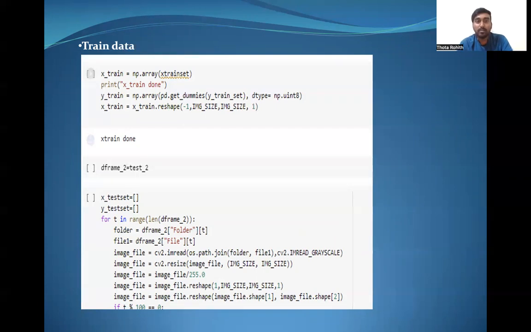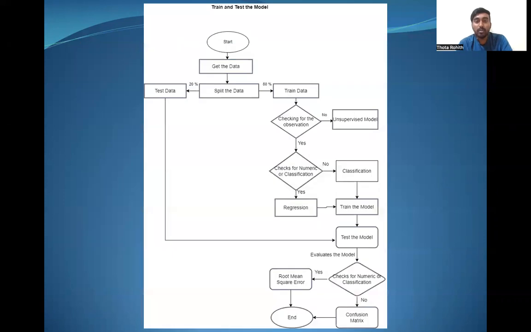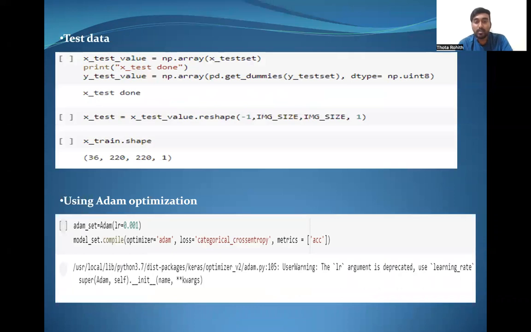The next slide, please. So for the test data, np.array is used for the test data where the data type is np.uint8. Reshape is also done in this. The shape of the bin image value is 36, 220 and 221.